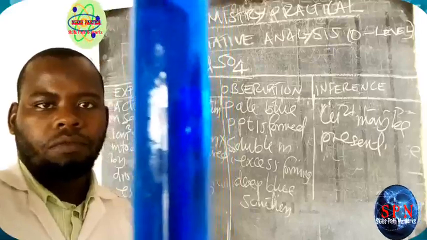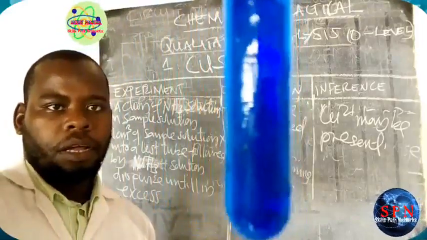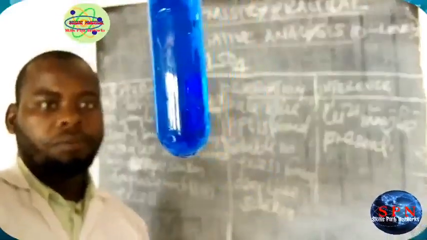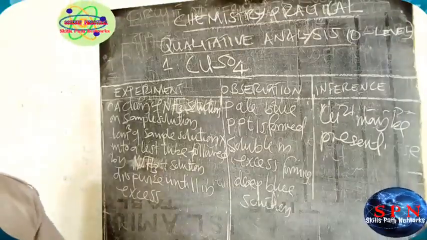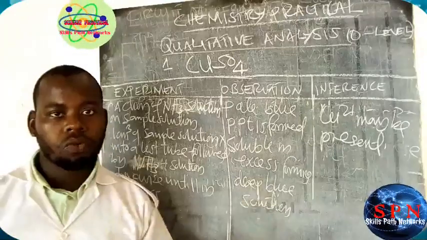This is the action of ammonium hydroxide or ammonia solution. So the two sections, preliminary test and testing solution, are over.